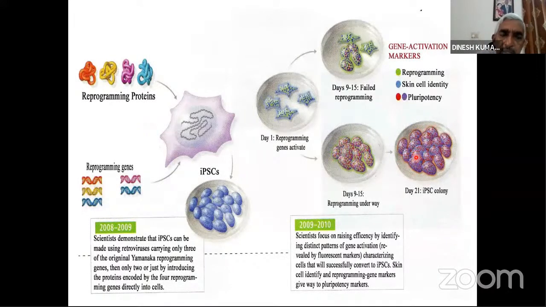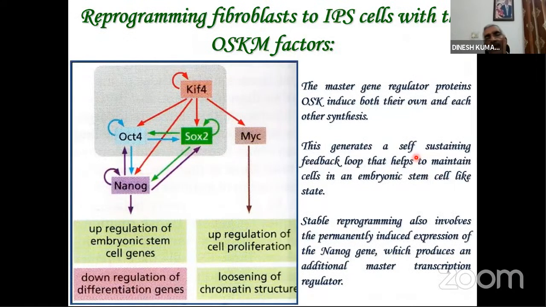This is wonderful research which is going to be a milestone in the field of stem cell technology, where you can produce any cell, any organ from any part of the body.